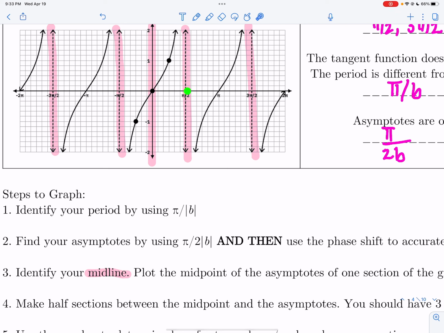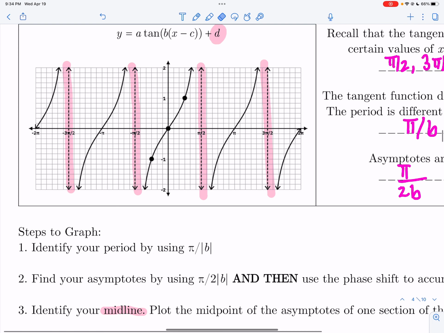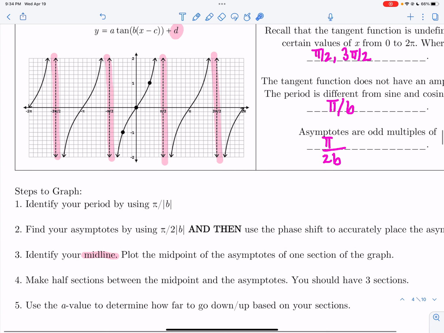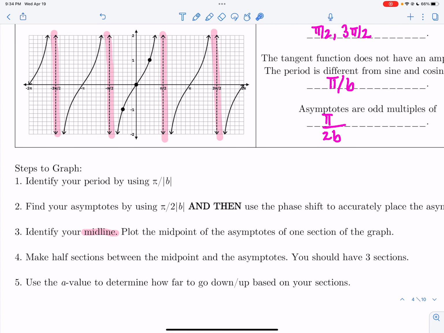And then from here to here, I'm going to have this midpoint. Now, how do I get these values right here? Well, that's our a value. In this case, since my basic parent function is tangent, it's just an a value of 1. So I'm just going to go up 1, down 1. Notice how I said a value and not amplitude. A tangent function does not have an amplitude.